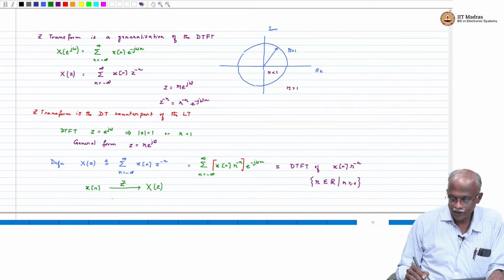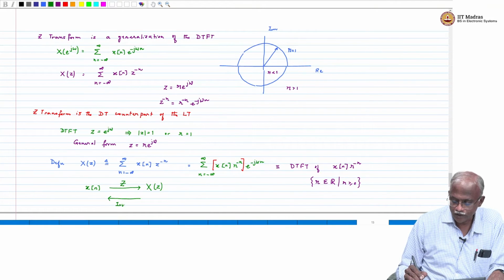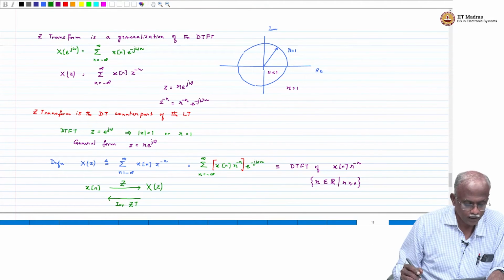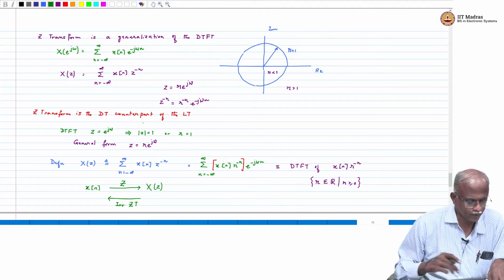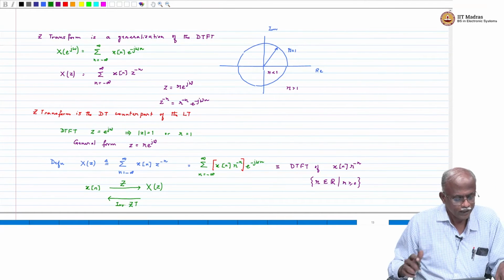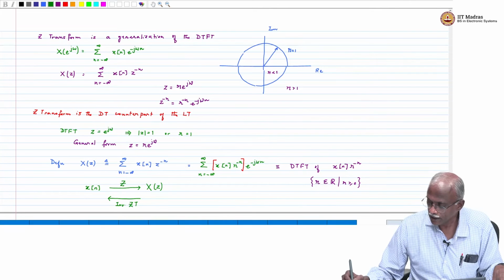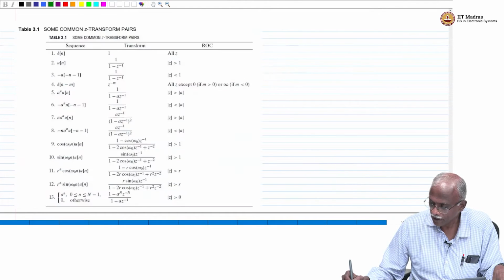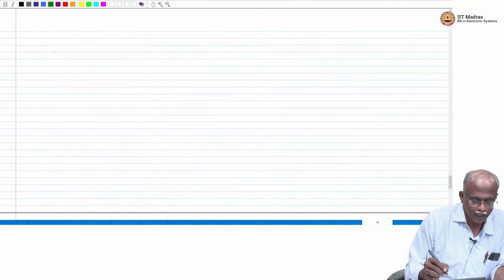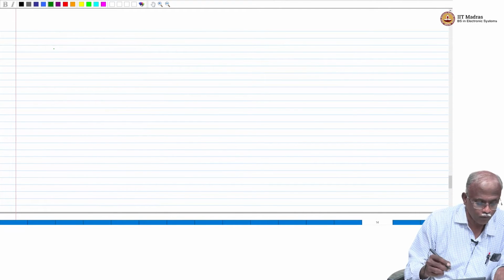And just like all other transforms, we will also define an inverse Z transform, that will bring us back to the original sequence. All right. So, here is the application of what we already know from discrete time Fourier transform.